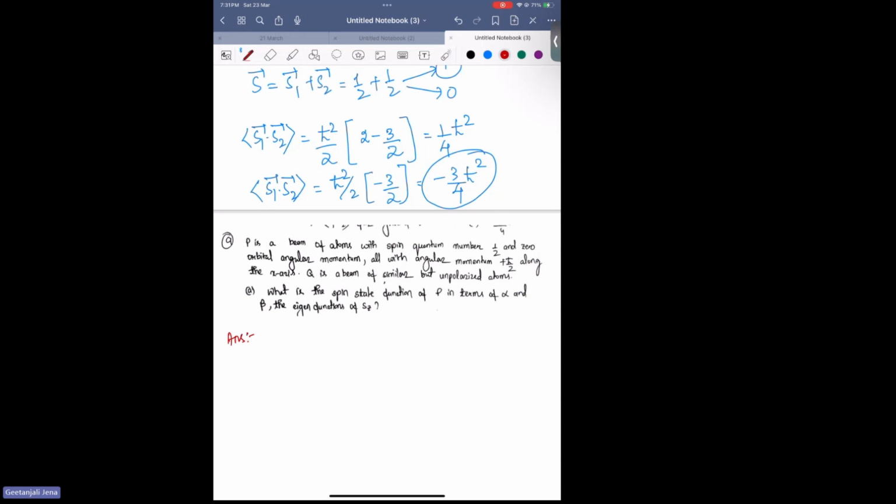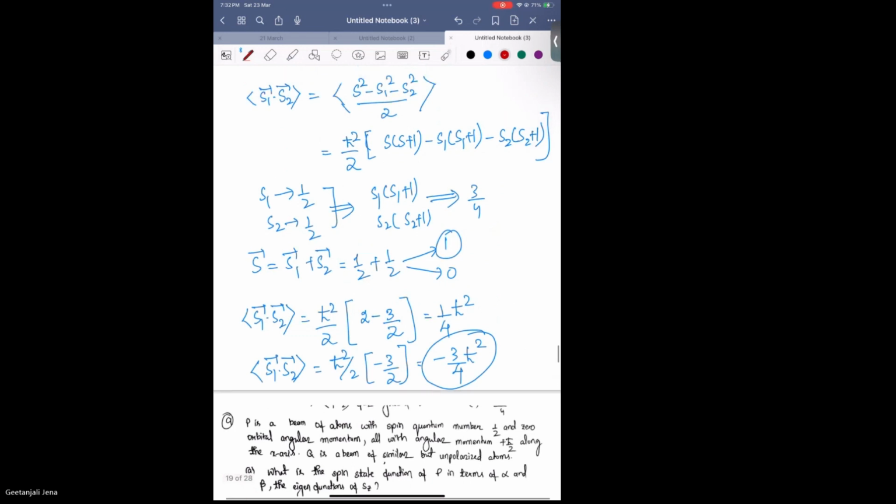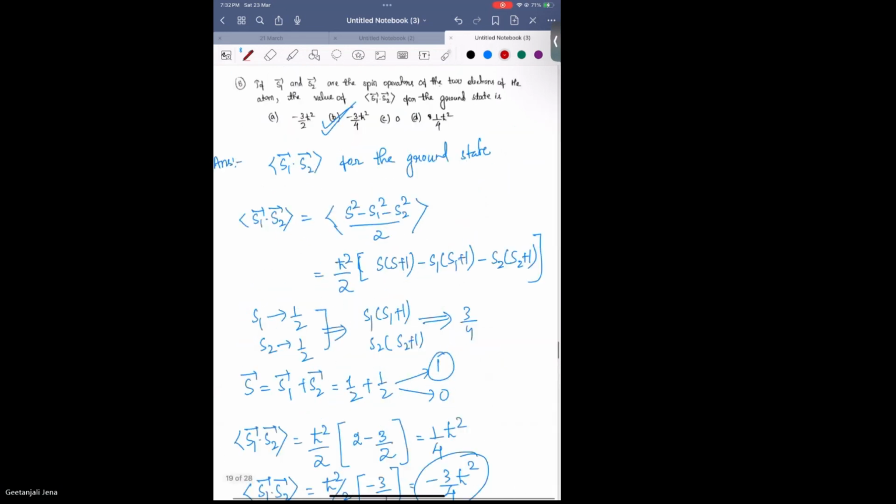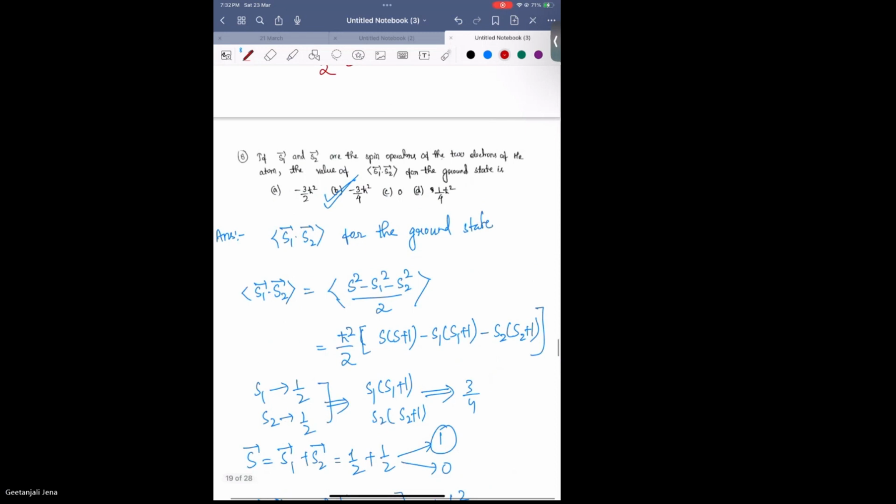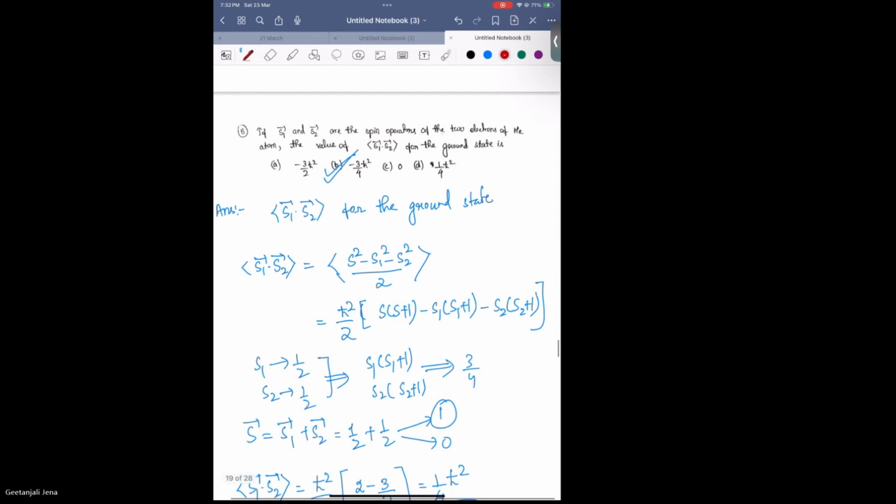Then in that case we will get s equal to 1.